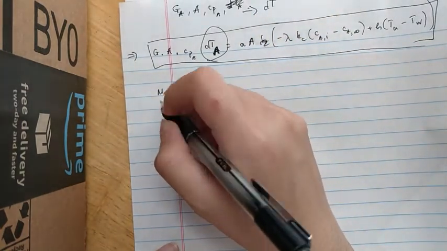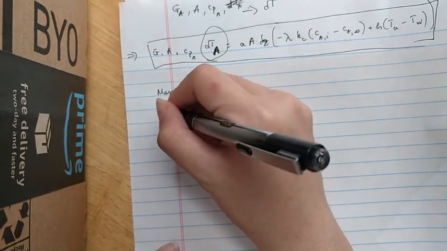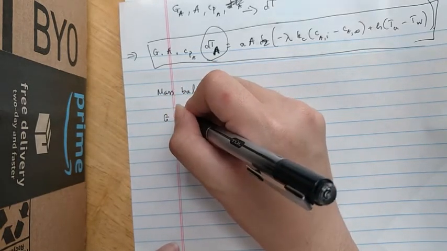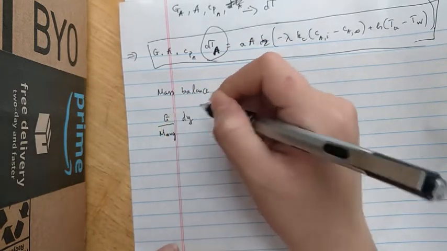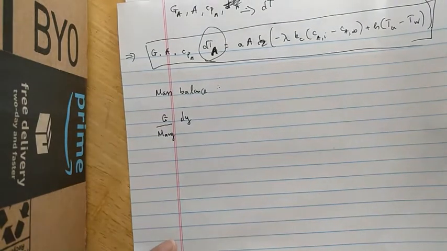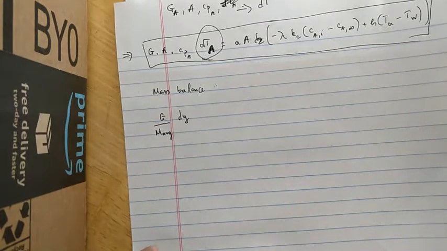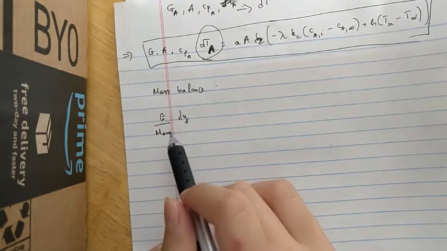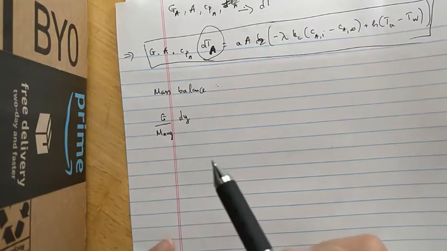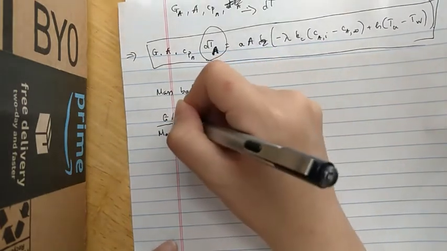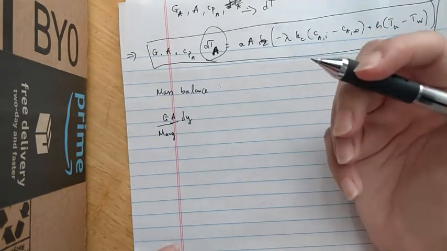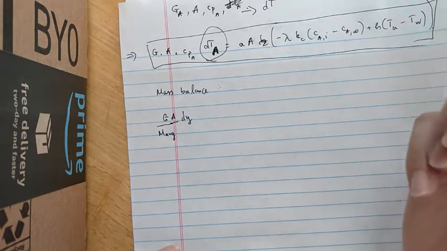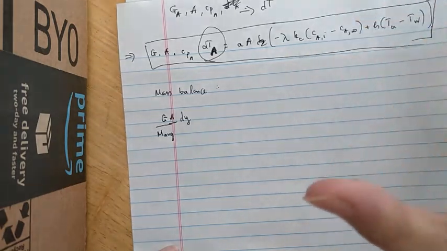We have G over M average times dy, which would be the mole flow rate of water vapor in the steam. But we have to multiply it by the area, to see how much vapor water goes through the specific area.